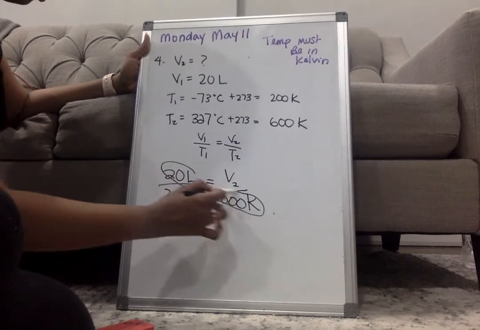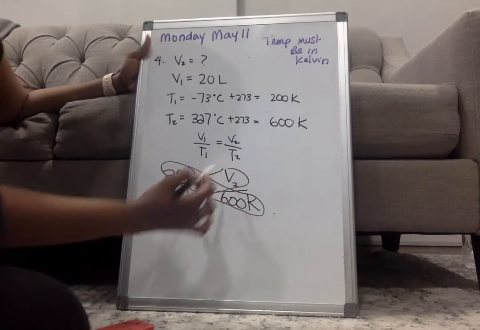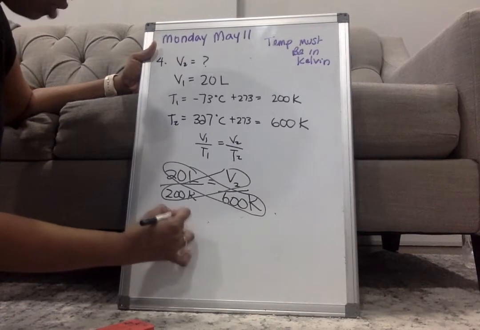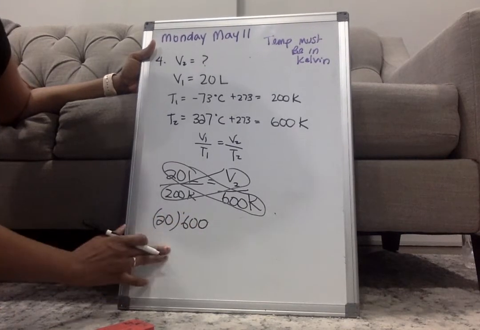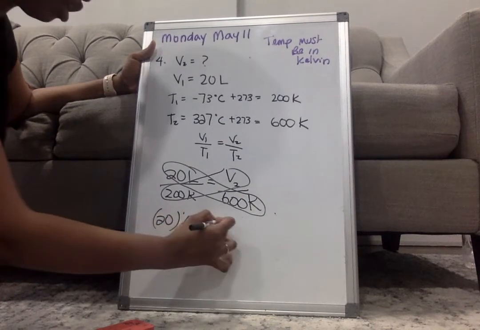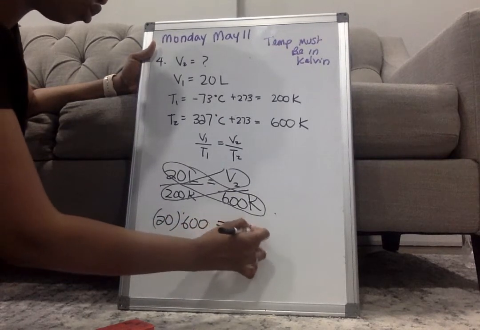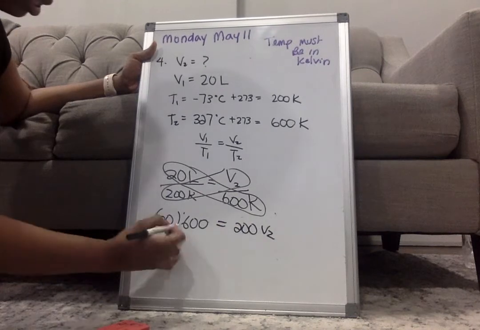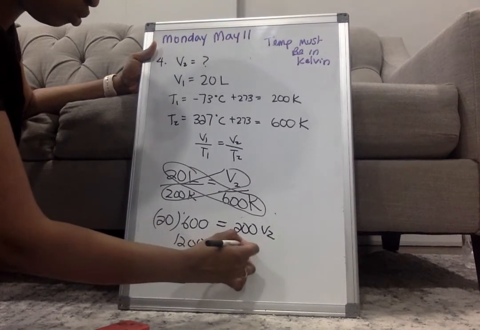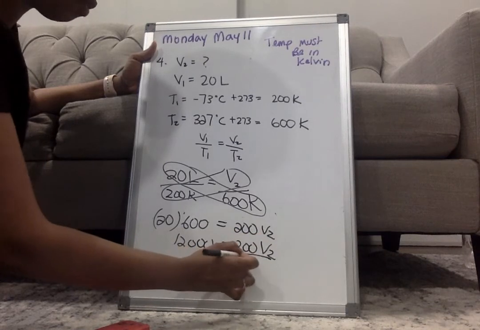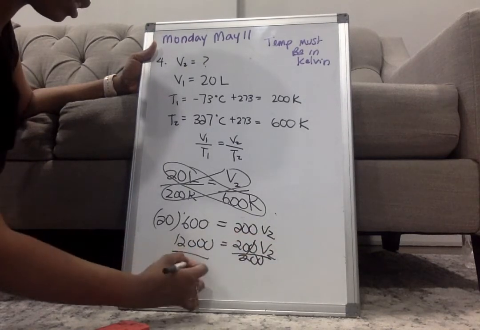We multiply these two, multiply those two. So 200 times V2, 20 times 600 equals 200 V2. This side we have 12,000 equals 200 V2. Divide by 200 on both sides.